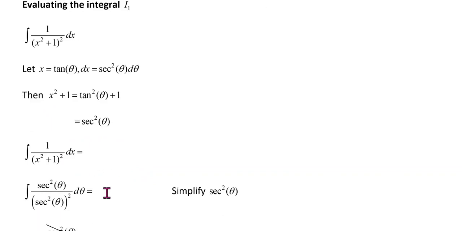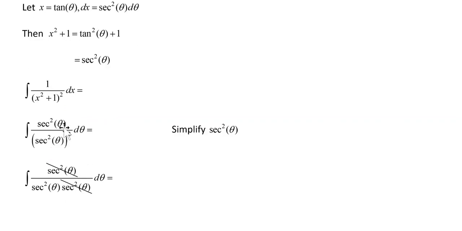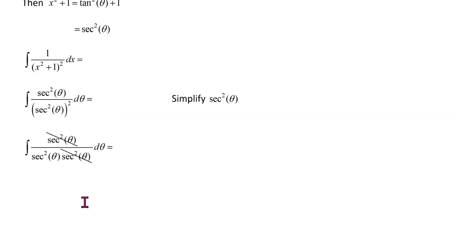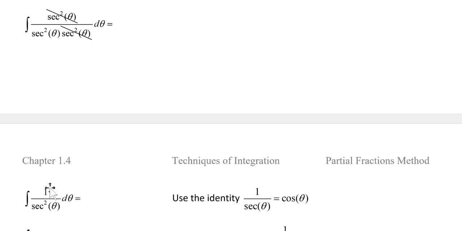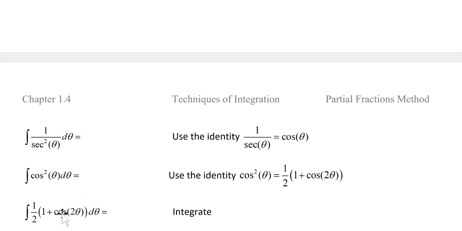So we plug in all the data. dx is secant squared theta d theta, and the bottom, x squared plus 1, is secant squared, and when you square it you get secant to the 4th. But then we can simplify one secant squared, and we end up with 1 over secant squared theta. But 1 over secant theta is cosine theta, so this is just cosine squared theta that we're going to integrate.